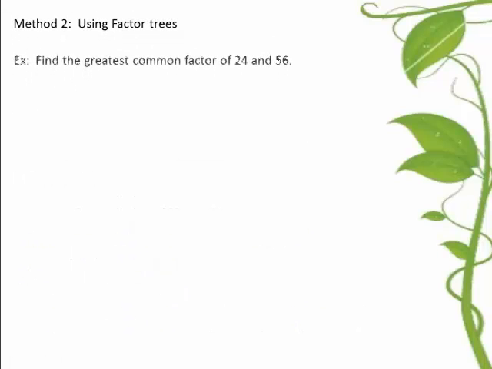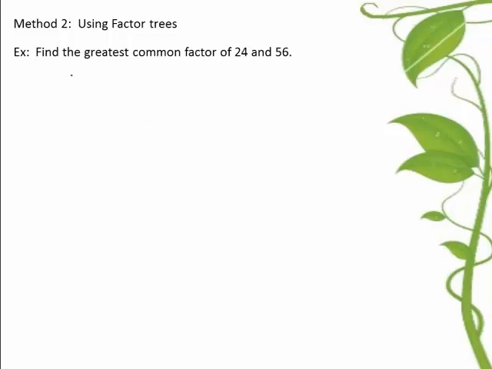Now using factor trees, we're going to use the same two numbers and we're going to create a factor tree for each number. 24 is 2 times 12, 12 is 2 times 6, 6 is 2 times 3. 56 is 2 times 28, 28 is 2 times 14, and 14 is 2 times 7.